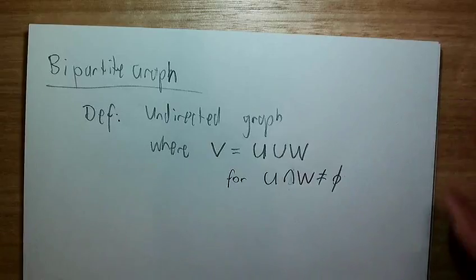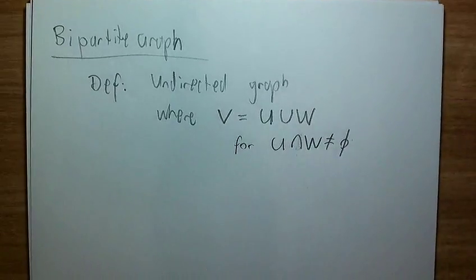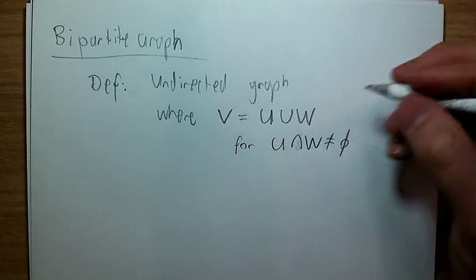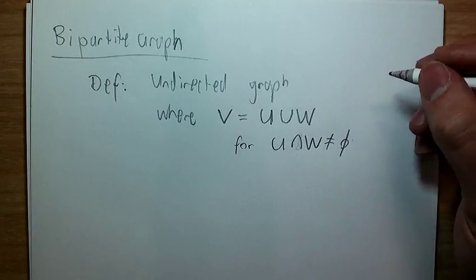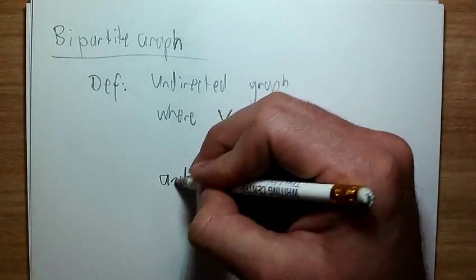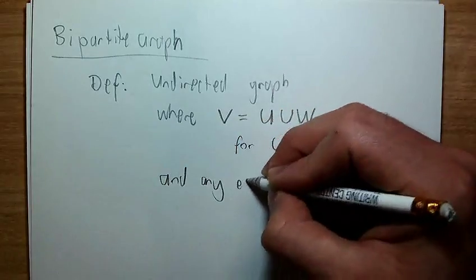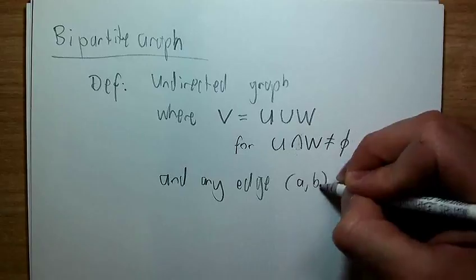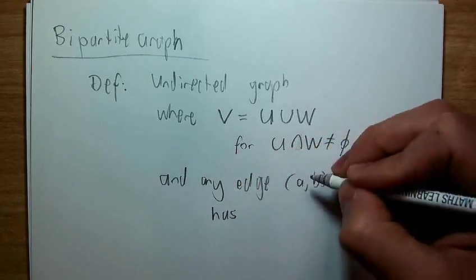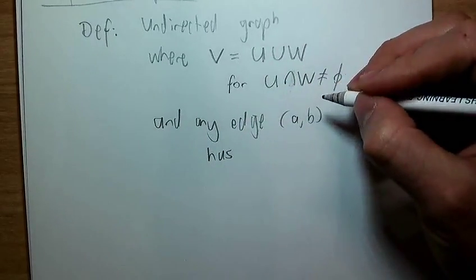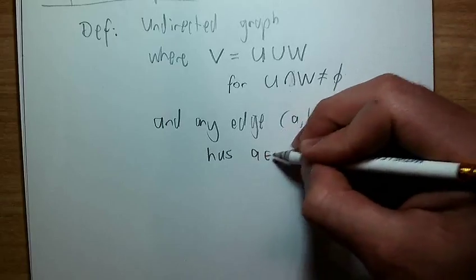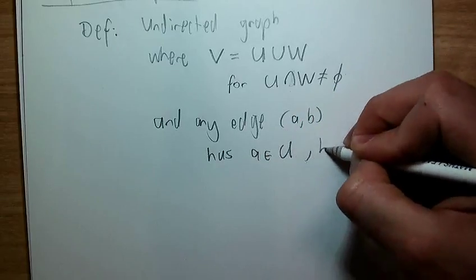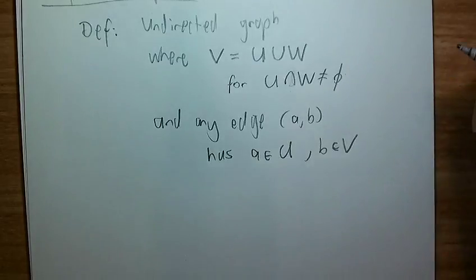This is the maths definition. I'll interpret it in a second. And any edge AB has A in U and B in V, or the other way around.